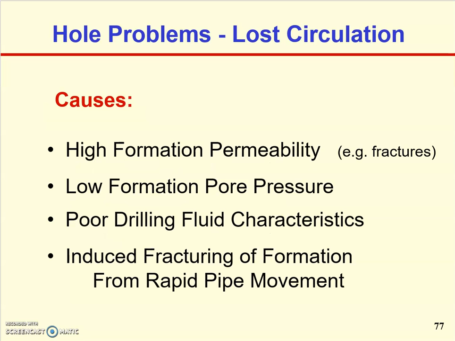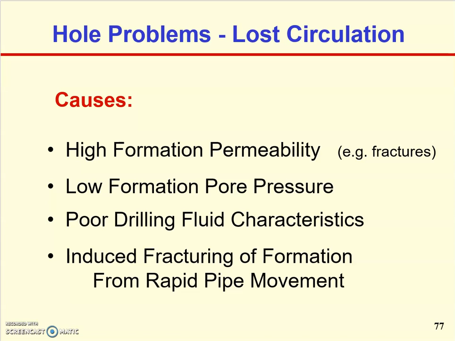So these are the indications of lost circulation, and the causes of lost circulation, as we discussed, could be fractures, highly permeable formations, or formations that are permeable and have low pore pressure, so there is a high pressure gradient between the bottom of the wellbore and the formation.